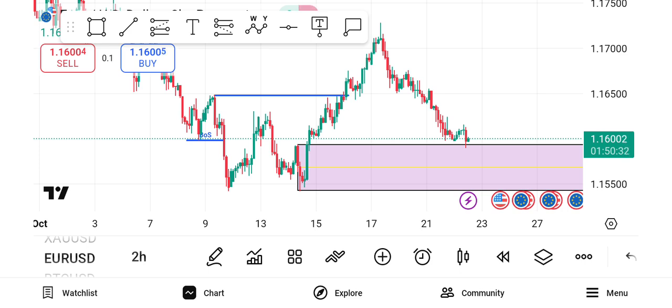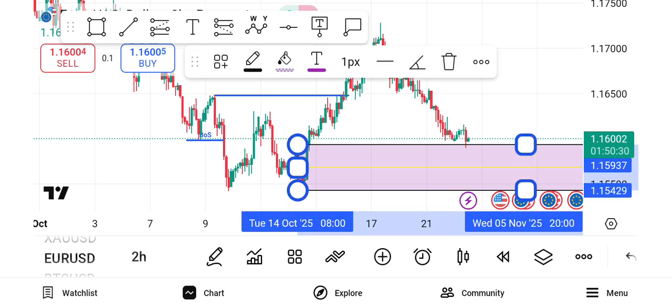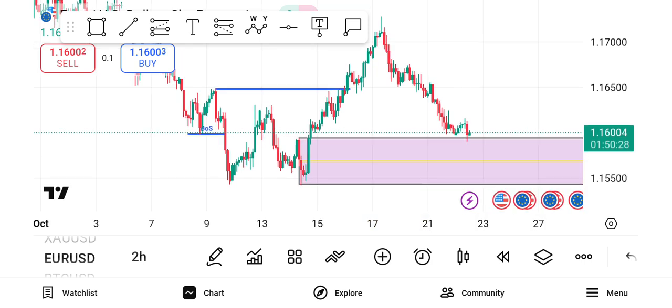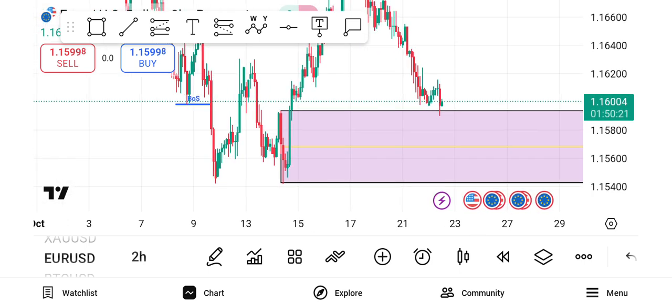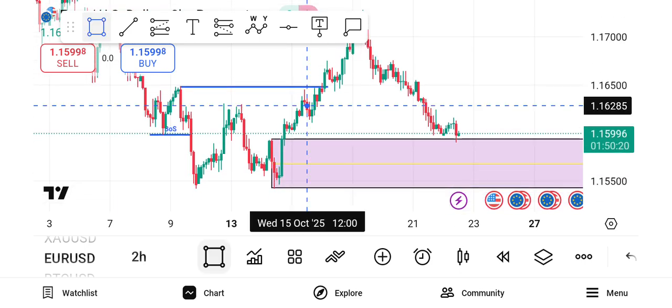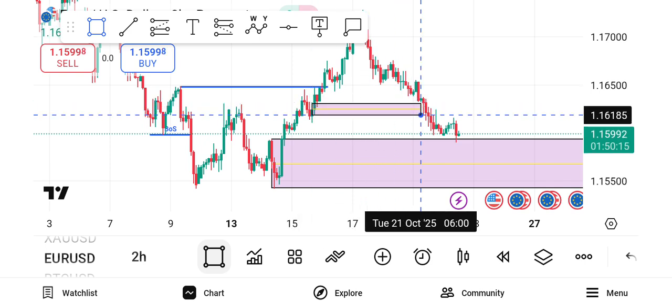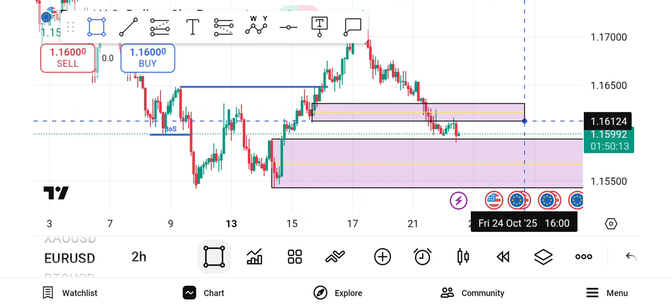So recently it tapped my order block, and you can look to this side. You see an order block, because I used the last candle before the movement to the upside.